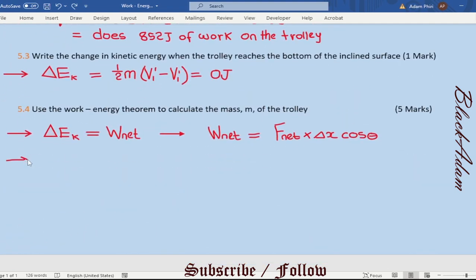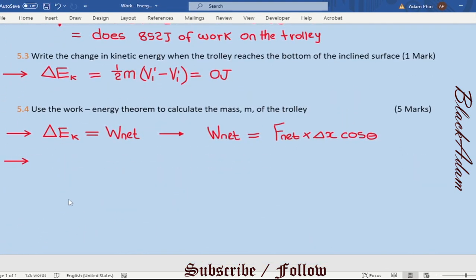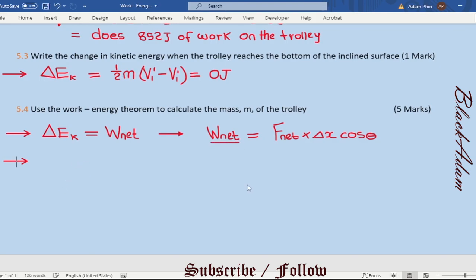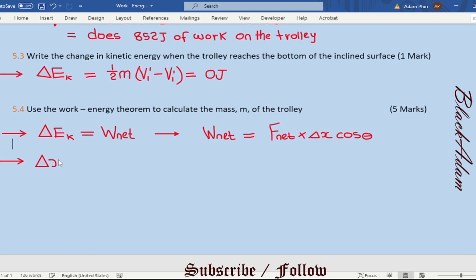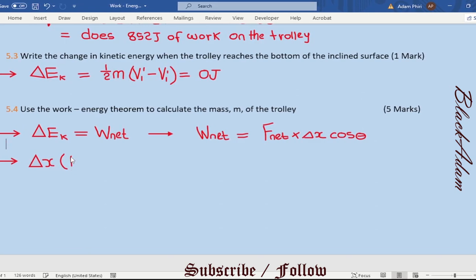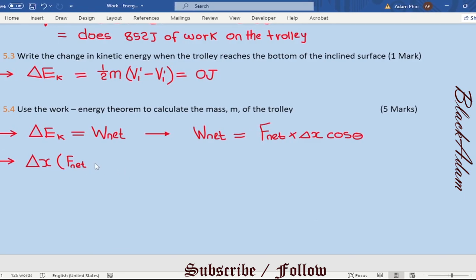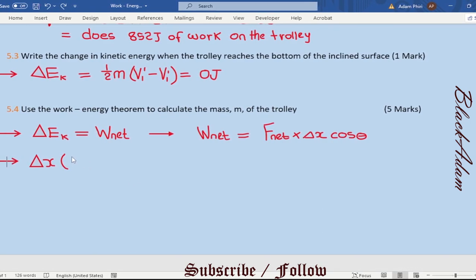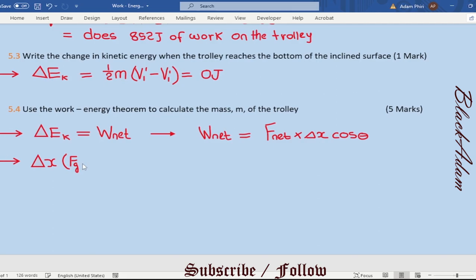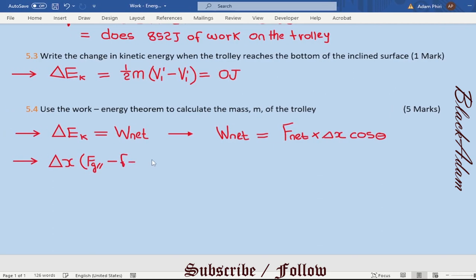We apply our equation: work net is displacement multiplied by force net, which is FG parallel minus friction minus force applied.